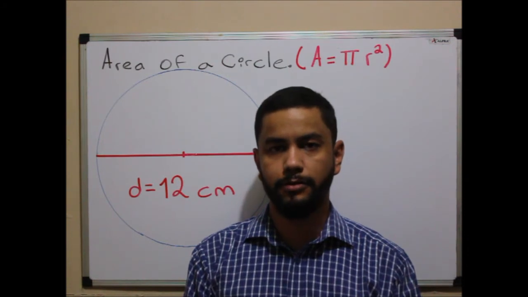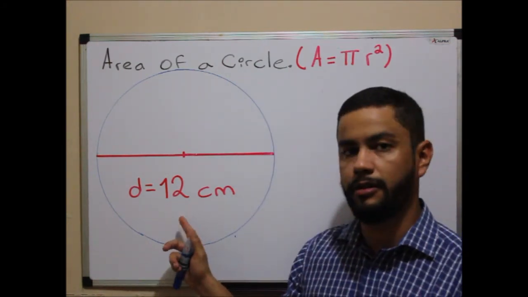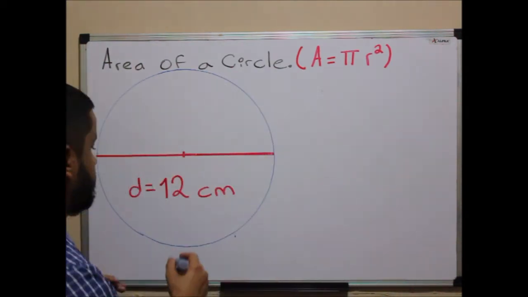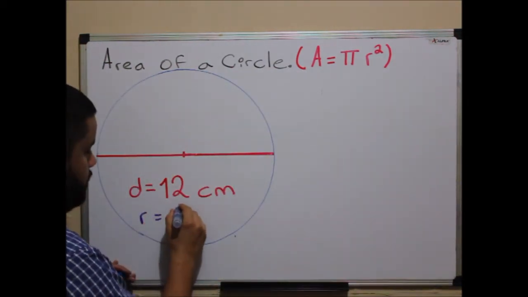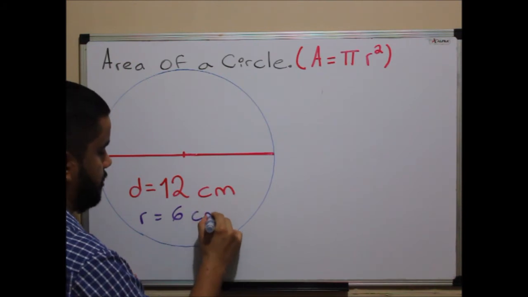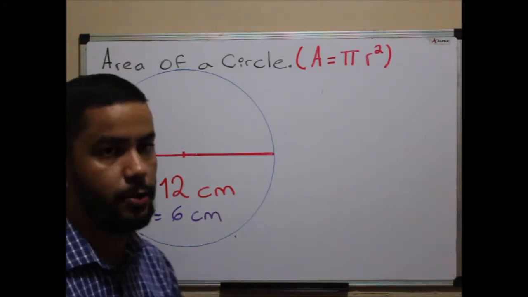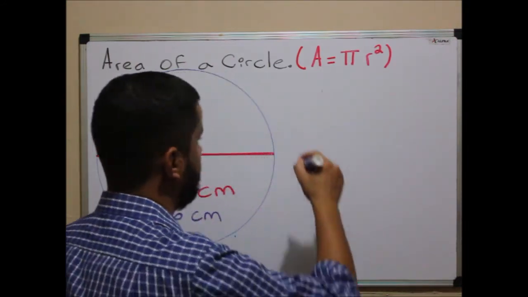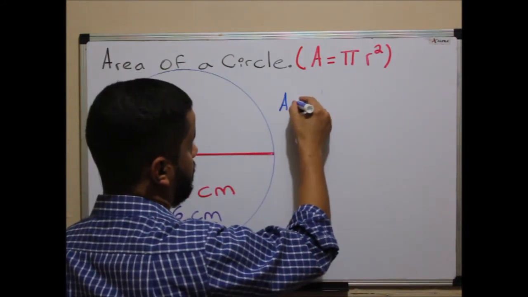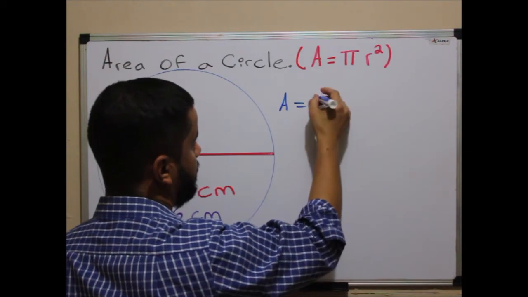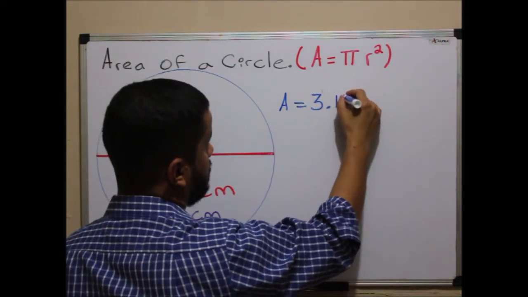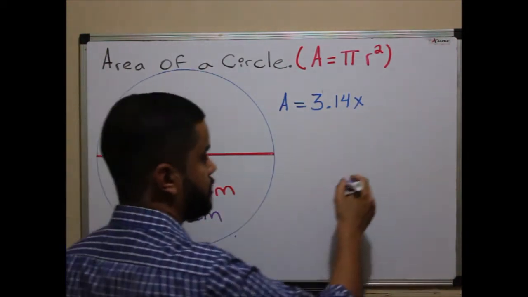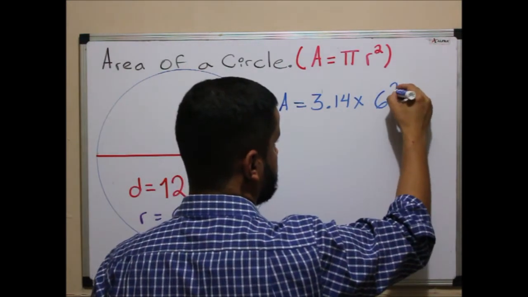For that example, we're going to change our diameter to find our radius. If that diameter is 12, the radius will be 6 centimeters. Now, knowing that, we are able to start working on the area, and the area will be pi, that is 3.14, times the radius, that is 6 squared.